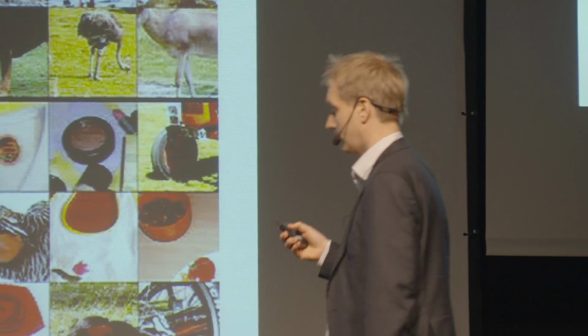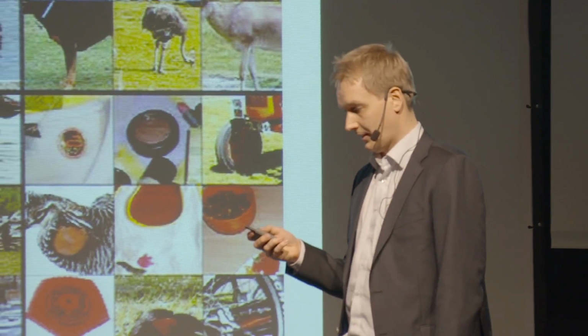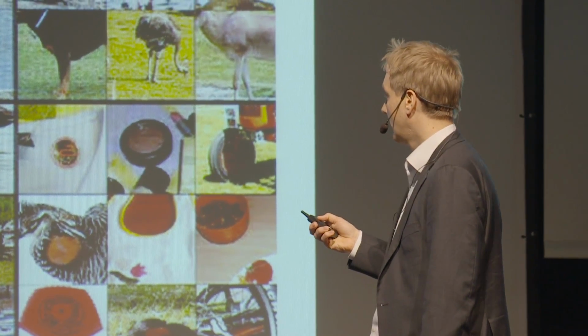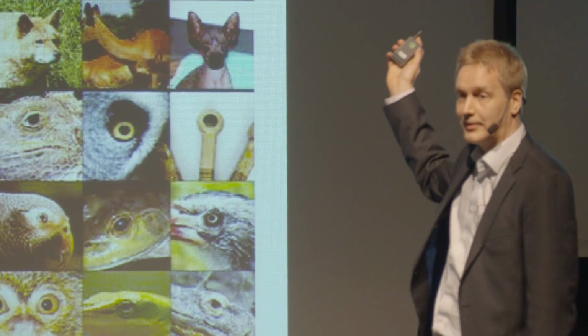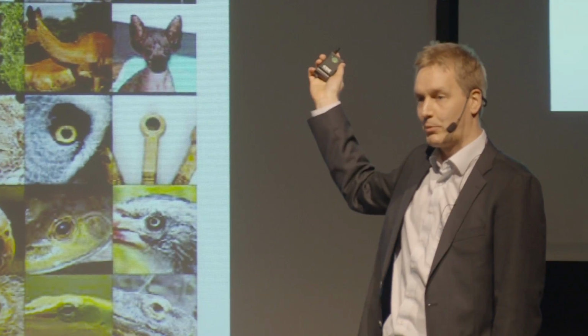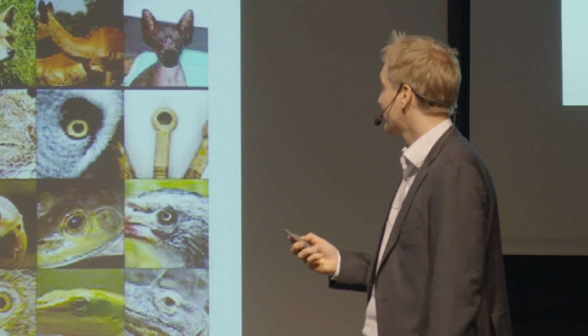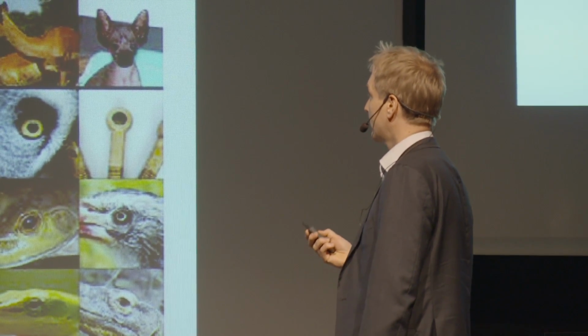Might have some unit looking at legs of some animals and so on. And here's my favorite unit on the top right corner, looking at cars and women. So that must be a male neuron, male unit.